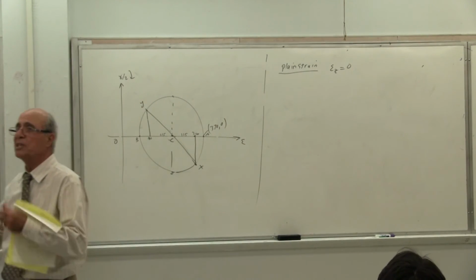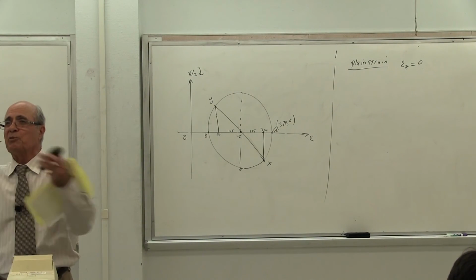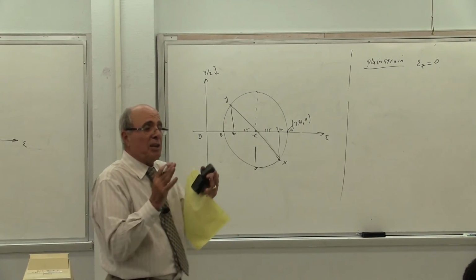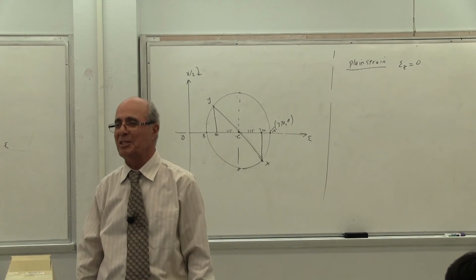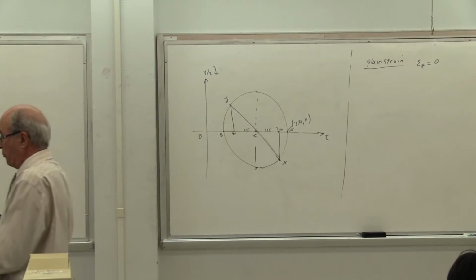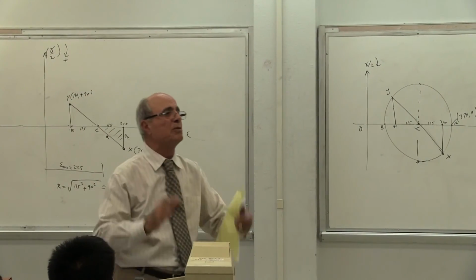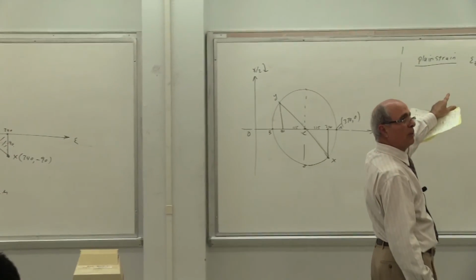The other one, always sigma z was equal to 0 until I put it underwater, which was very rare. Everybody understand that. Here is the reverse. If I put my object between two rigid bodies, then it becomes plane strain. Everybody understand it? And all the objects are free to move. Yes or no? Every object that you see is free to move in the z direction. Accept or not? So this is the rare one. But put it there.